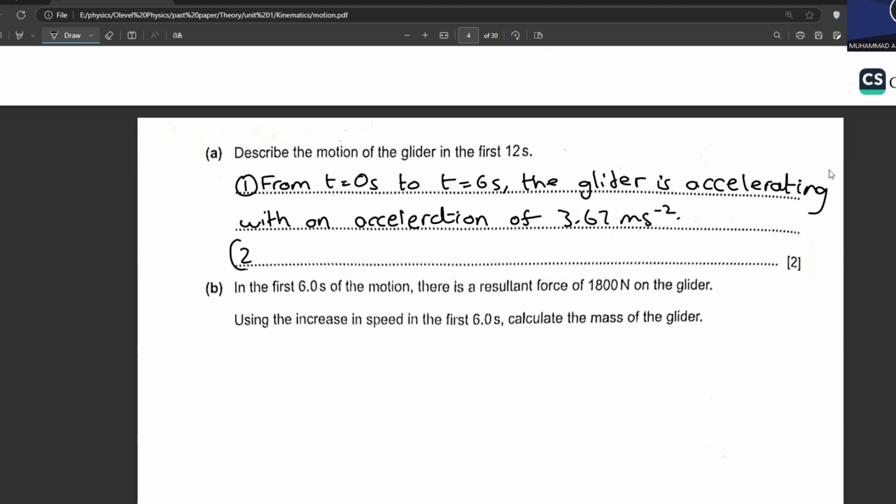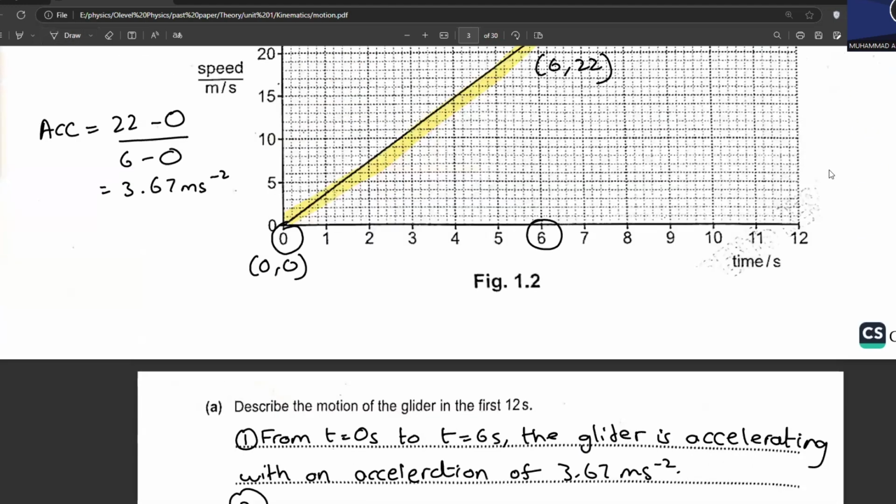Okay, second point. What will you write as the second point to gain your second mark?